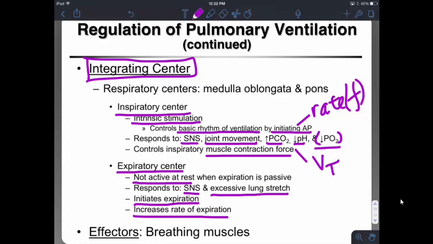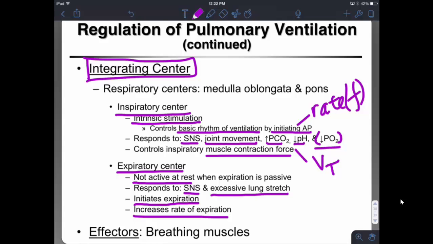Remember that normally expiration is passive. We simply wait for the inspiratory muscles to finish contracting for that equilibrium of the pressure gradient of air to occur. Once that occurs, the inspiratory muscles simply relax and recoil, and air goes out.